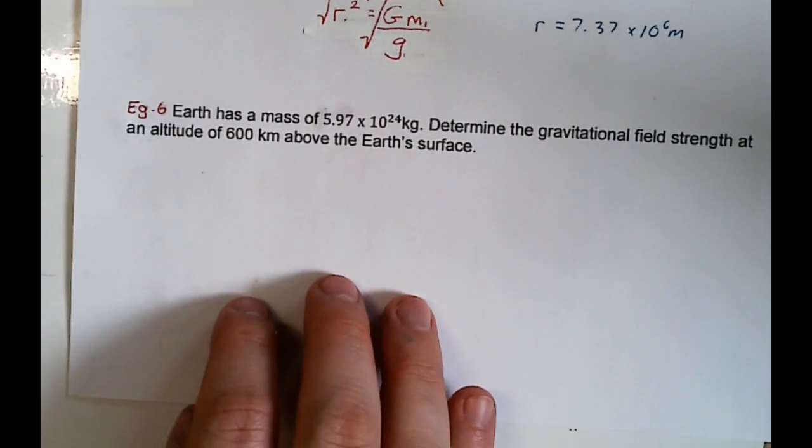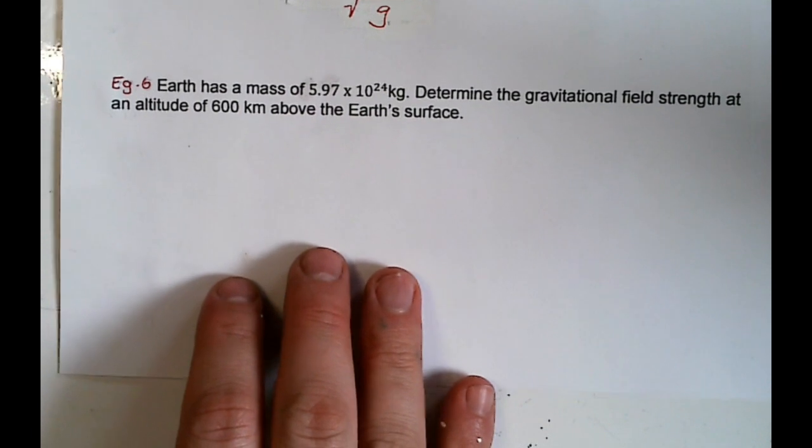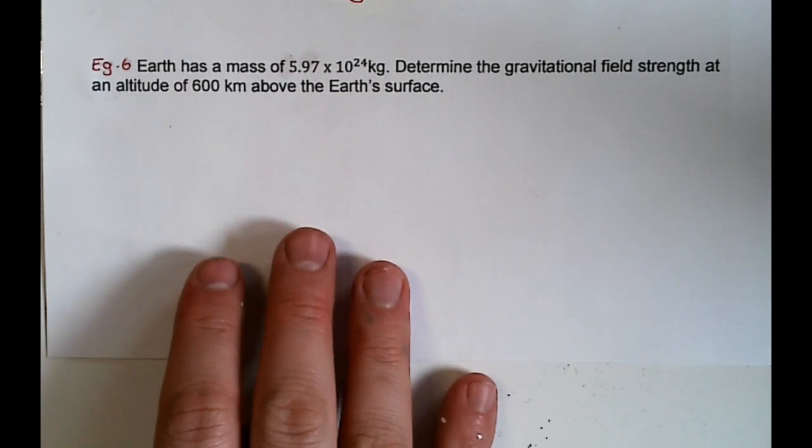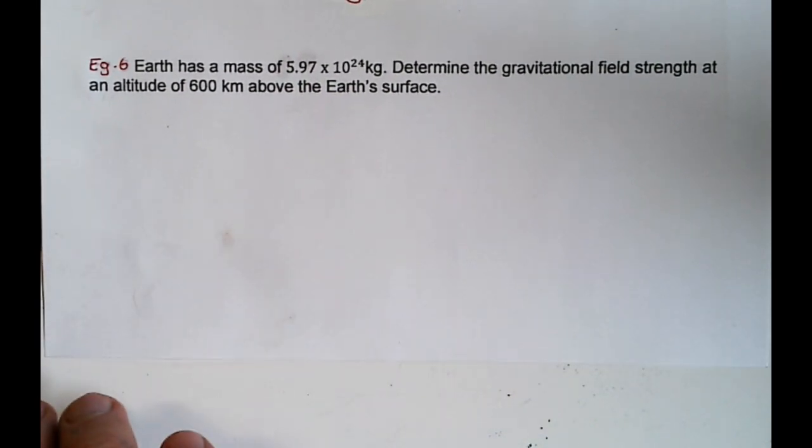In the last example, we know that Earth has a mass of 5.97 times 10 to the 24 kilograms. We want to determine the gravitational field strength at an altitude of 600 kilometers above Earth's surface.